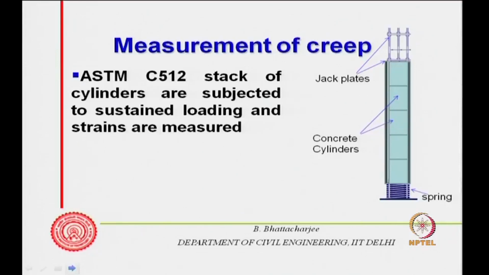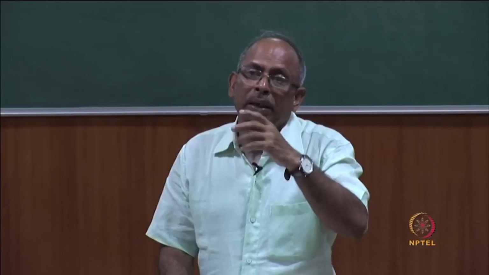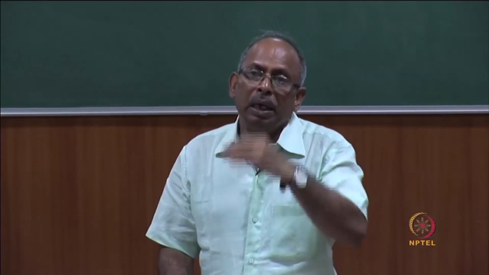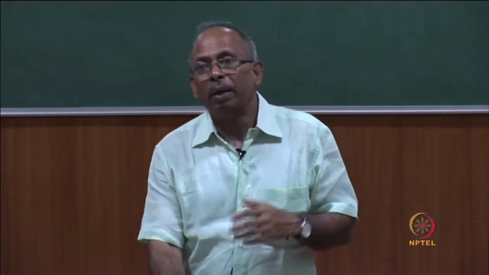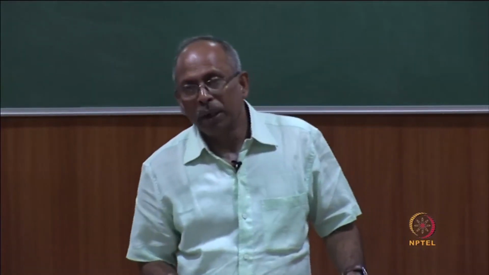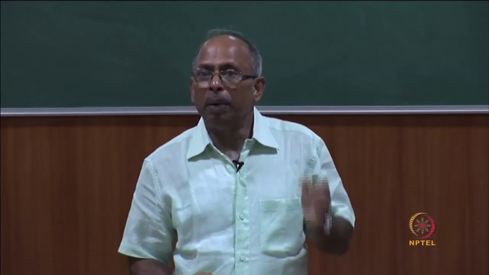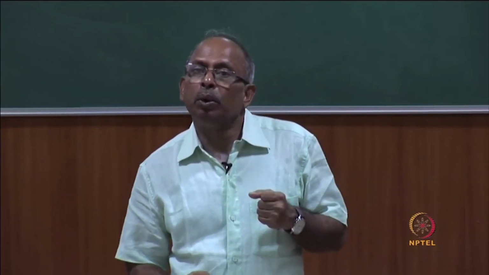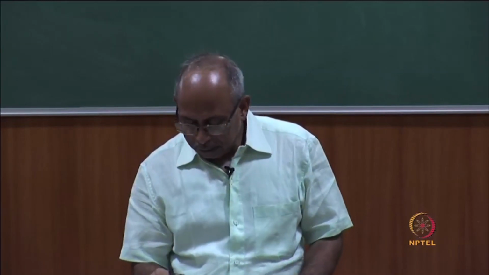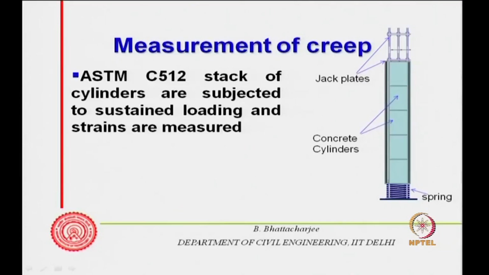The load is applied in series to the set of cylinders, and there is a concrete plug at the top, and a plug between the cylinder and the jack, and also between the spring and the concrete, which I have not shown here. Then you apply load like this and keep it sustained. The deformation that occurs will be absorbed by the spring, which will deform by this amount. So, there is no chance of the load getting reduced, because the spring will provide the reaction that is required.